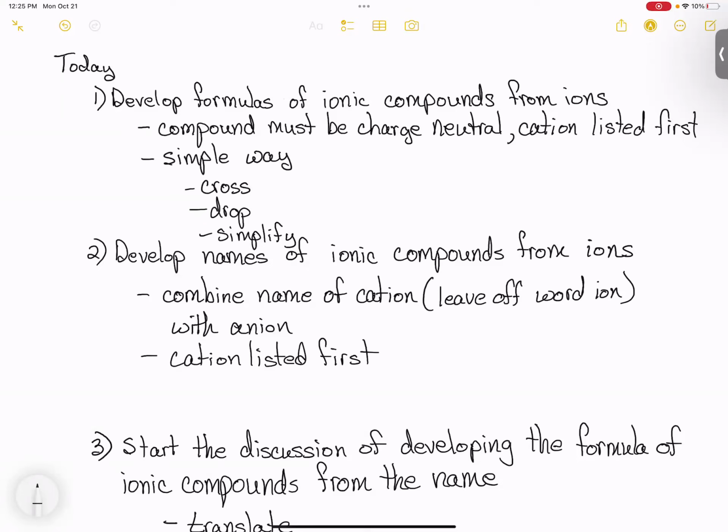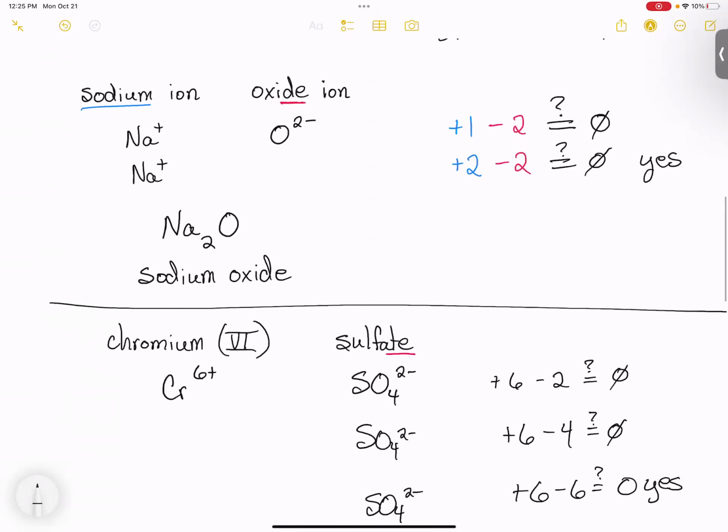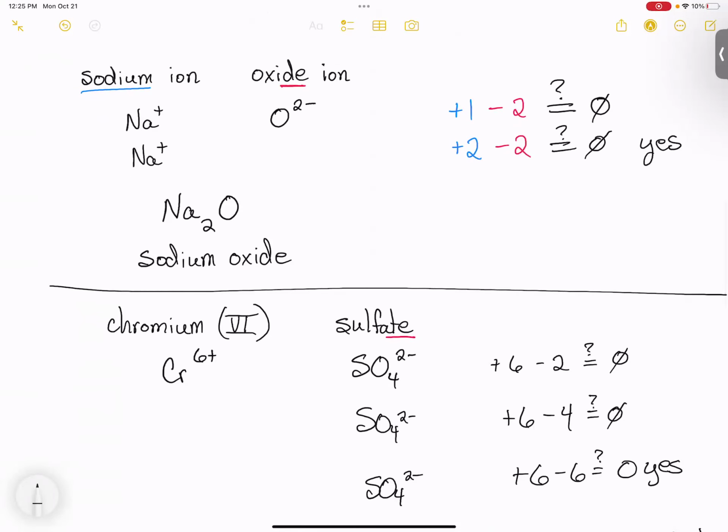And we've talked about developing the names of ionic compounds from ions. Basically, you just combine the name of the cation with the name of the anion. The cation is always listed first. So I started out by illustrating how we get to charge neutral, and the name of the compound.